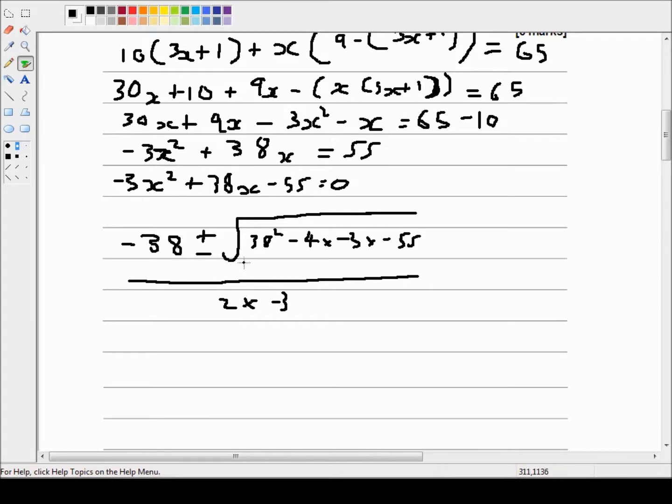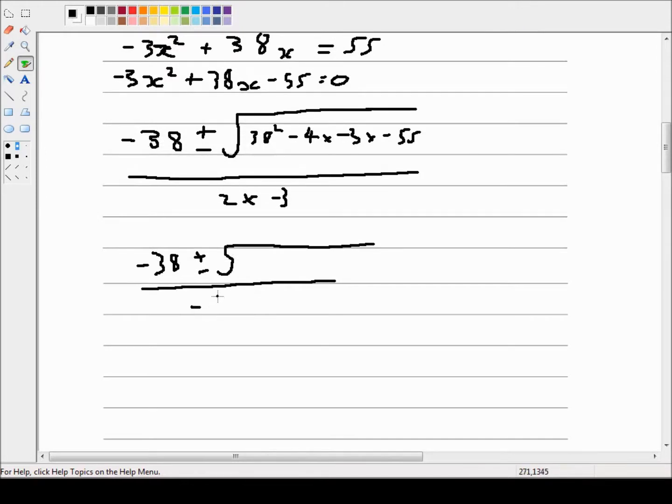So it's minus b plus or minus the square root of b squared minus 4ac all over 2a. So that's equal to minus 38 plus or minus the square root of something all over 2 times negative 3, which is negative 6. And whatever goes in the square root, I'm just going to grab my calculator.